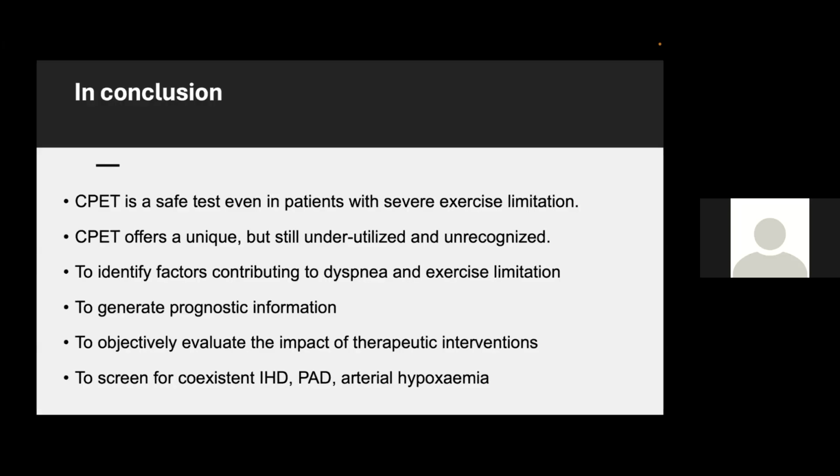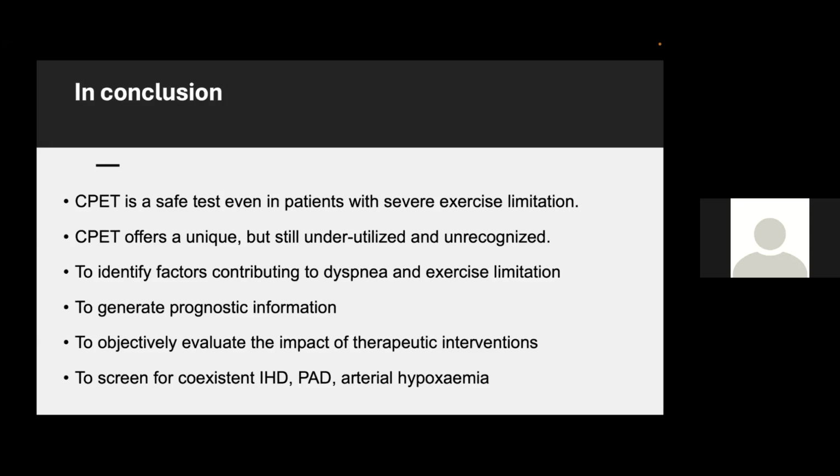So in conclusion of the lecture, CPET is a safe test even in patients with severe exercise limitation, and it's unique, but unfortunately still underutilized and unrecognized. It's very helpful to identify factors contributing to dyspnea and exercise limitation, and it's a very important tool to generate prognostic information about our patient.